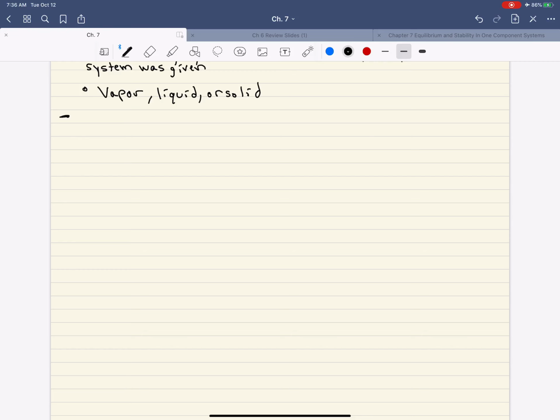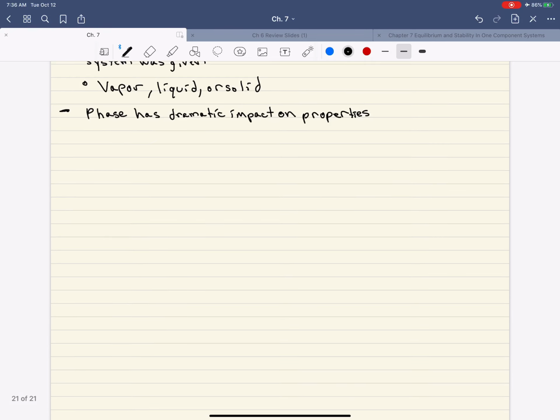And this was an important piece of information, because the phase that we're dealing with, or the phase of our system, has a dramatic impact on the properties of the system, or on the properties of the material. Right?